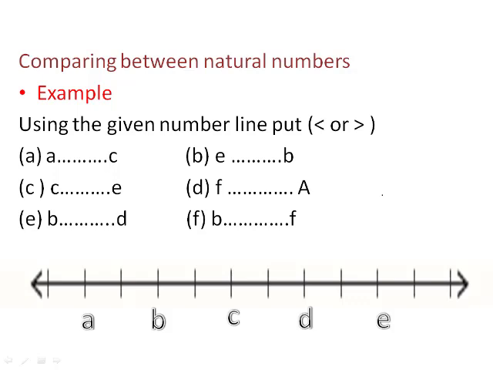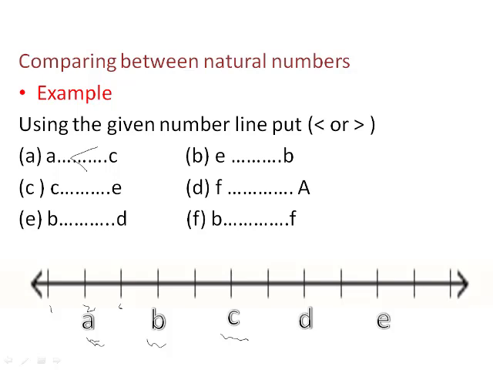For example, A is smaller than B. If we give the number line numbers here, 1, 2, 3, 4, and so on, A will be smaller than B, and C will be bigger than B. So let's see how we can solve this. A and C. A comes first on the number line. So A is smaller than C.